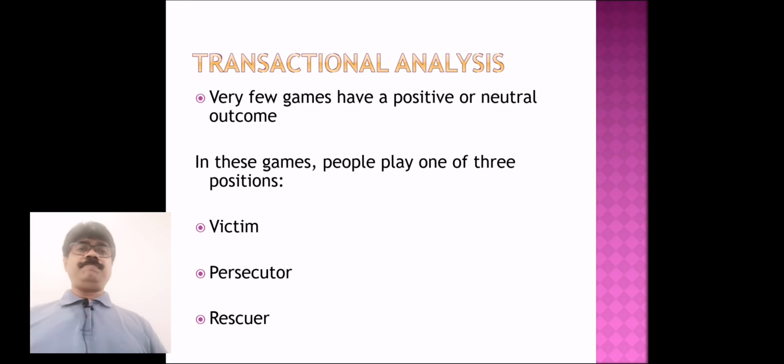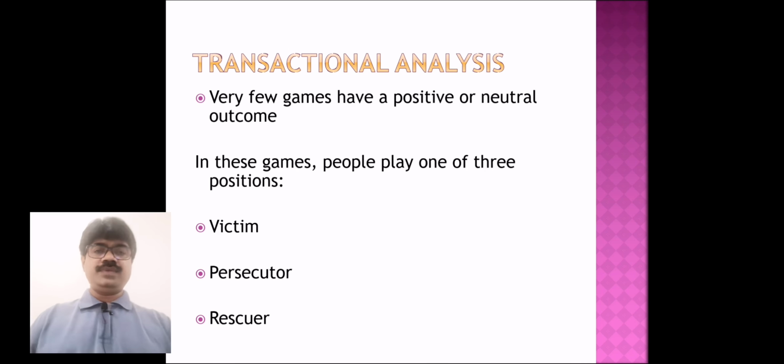Very few games have a positive or neutral outcome. Most games have negative outcomes. In these games, people play one of three positions: a victim, a persecutor, or a rescuer.